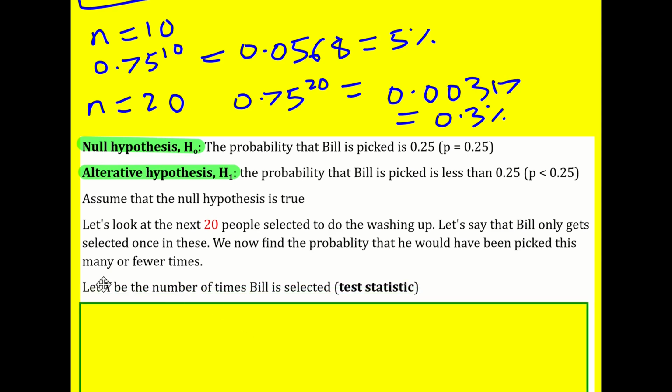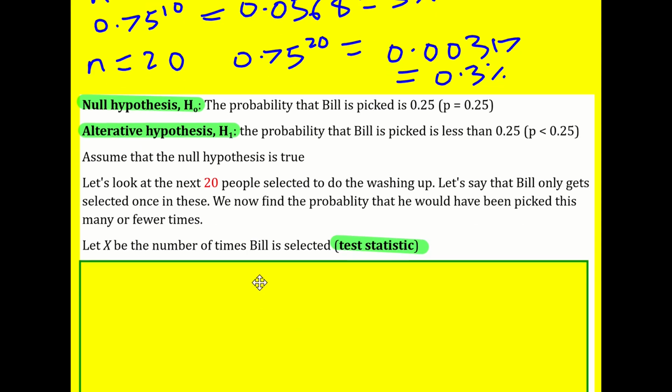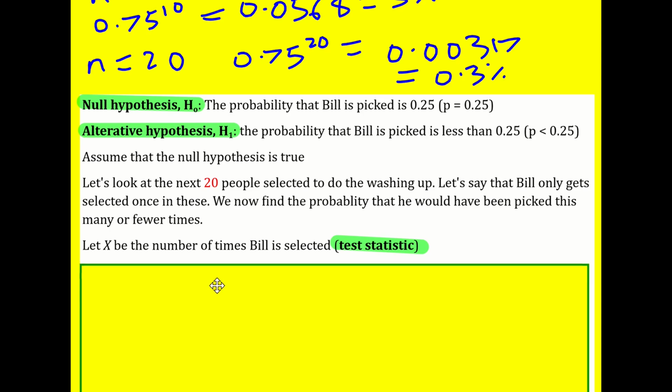Okay, what we then do is we construct a test statistic. X is going to be the number of times that Bill is selected. So here's another keyword: the test statistic. It's the thing that we're testing using statistics. We do this every time for these hypothesis tests. I'm trying to link it into what I talked about before, but write it down more formally.